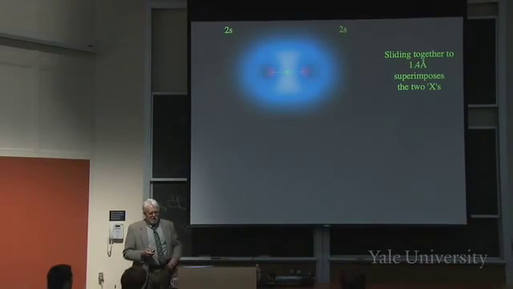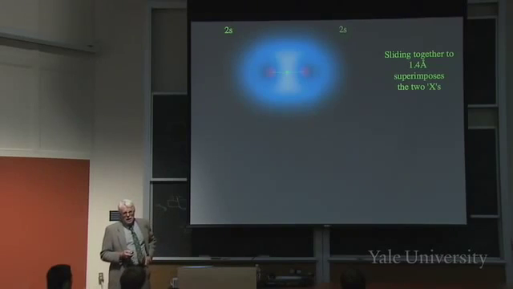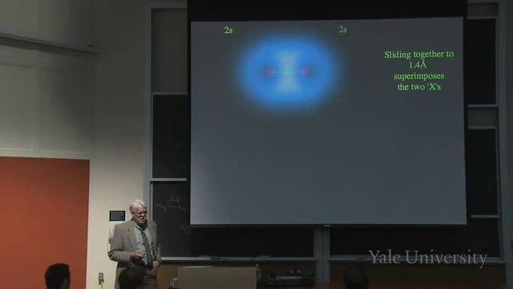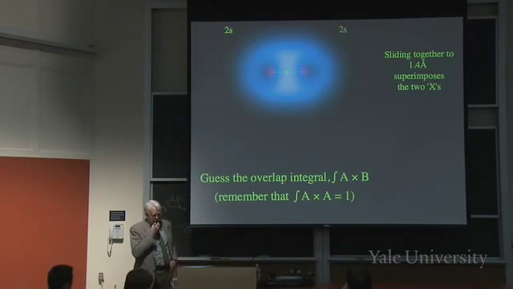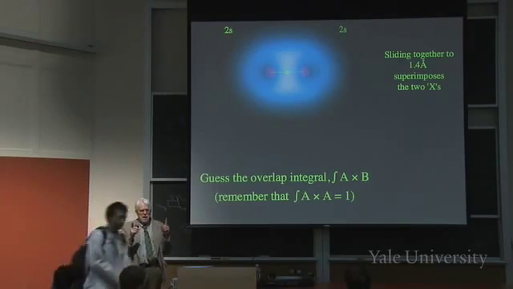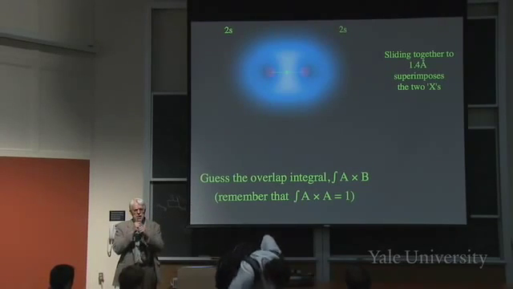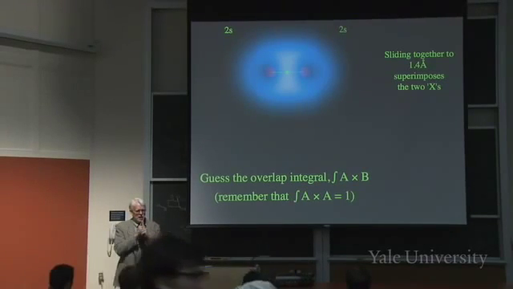Now, how big is the overlap integral? The sum of the product of A times B over all space. Now I want you to guess how big that integral is, and we have a hint. What would the overlap integral be if we moved them until they superimposed on one another exactly? That's the maximum we could get, if the distance were 0.